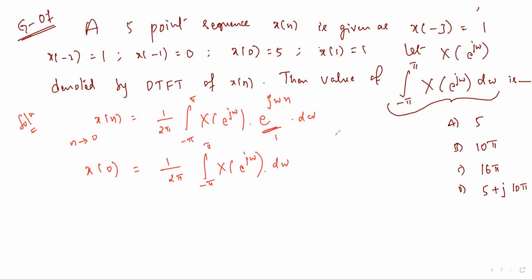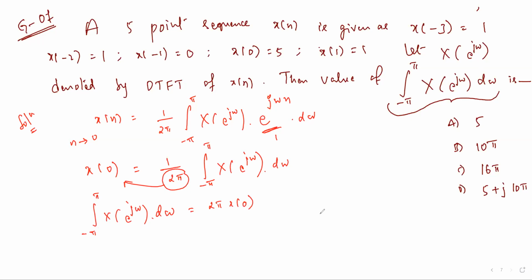Now the required expression: if we take this 2 pi to the other side, we get integral from minus pi to pi of x of e to the power of j omega d omega equal to 2 pi x of 0. This is 2 pi x of 0.